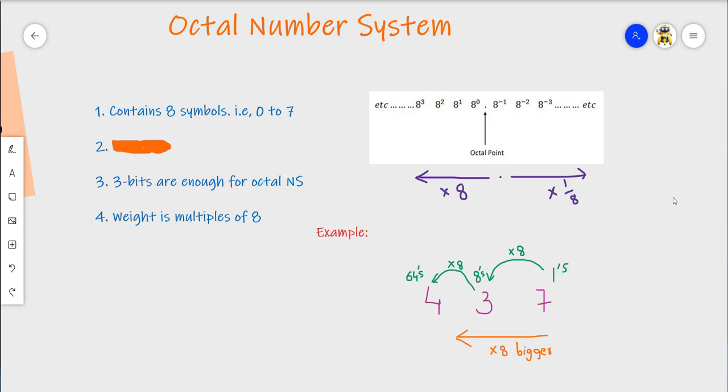So in today's lecture, or in today's lesson, I'll give you a brief explanation of what exactly are the other two number systems. We know that there are four number systems when it comes to computers or any computer-based applications. So what are the four number systems?